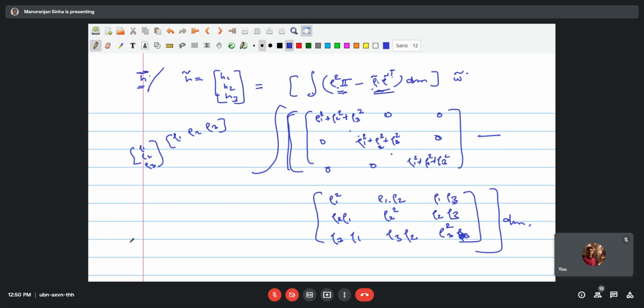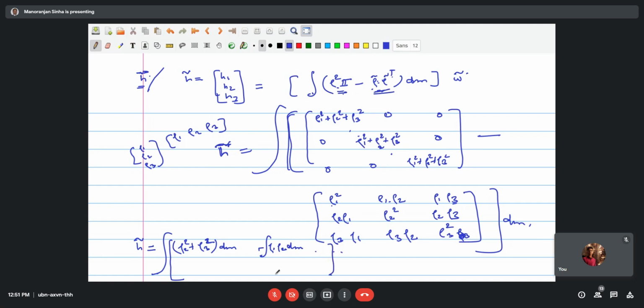So what do we get from this place? Your H tilde vector becomes, if you subtract it, this will become rho 2 square plus rho 3 square, bring dm inside in the matrix format. Then the other one will be minus rho 1 times rho 2 dm with integration sign and so on.